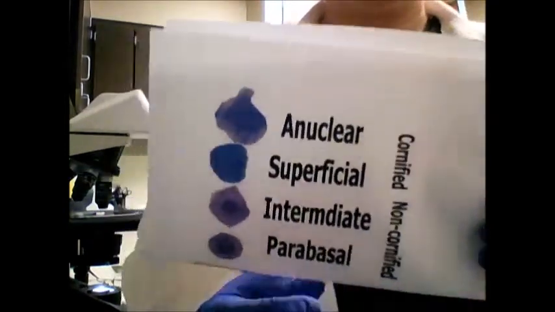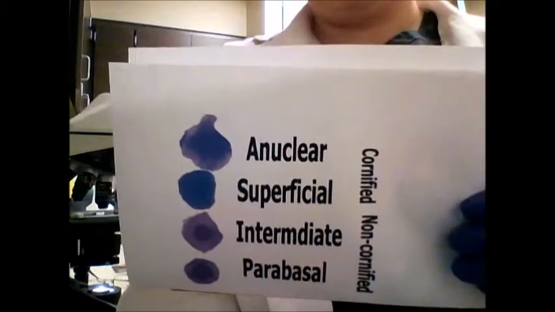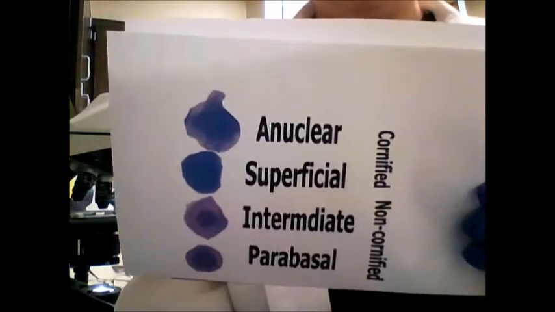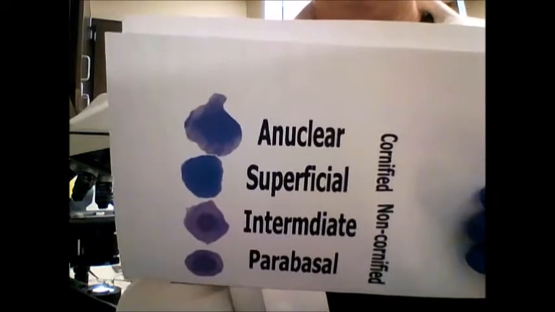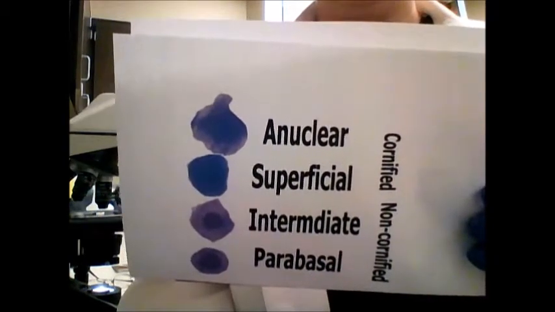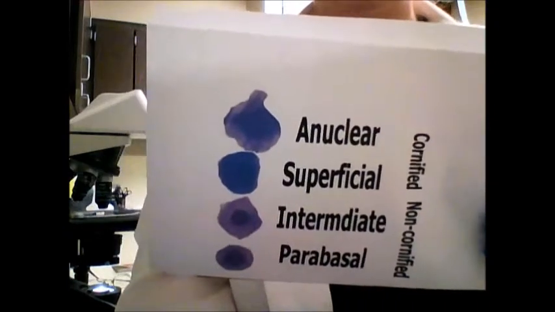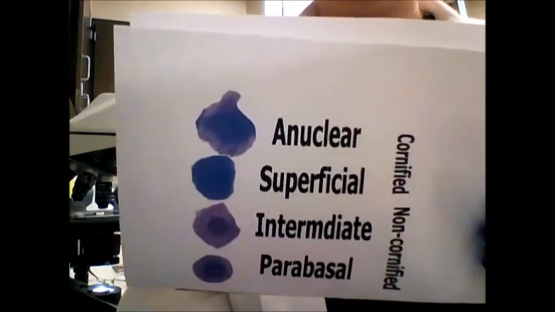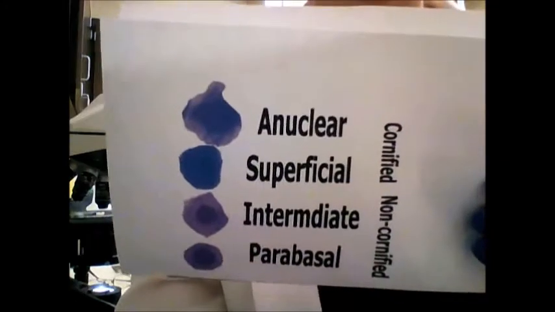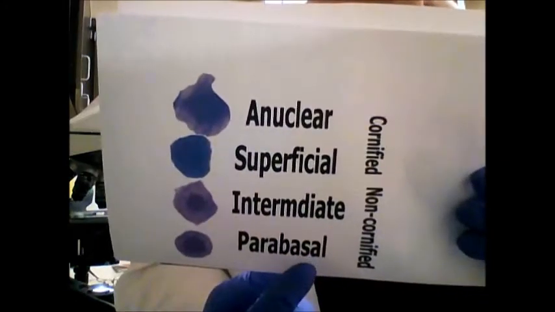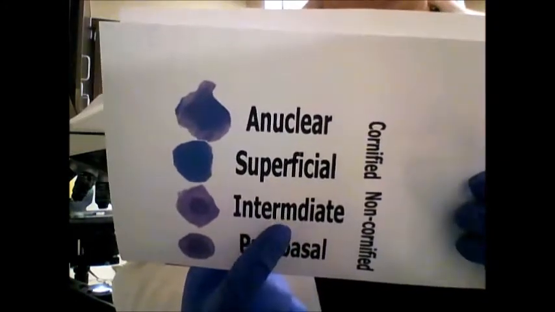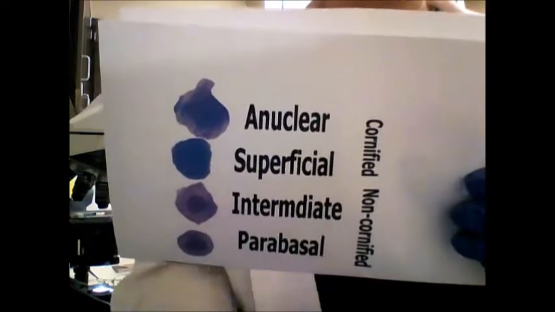And then diestrus, where Wendy's at now that we've looked at her cells, lasts for about 2 months. And then you go into anestrus, and the cycle continues. Anestrus is 2 months plus, it could be longer. In diestrus, you're going to have these parabasal cells and intermediate cells, and you can see increased neutrophils.